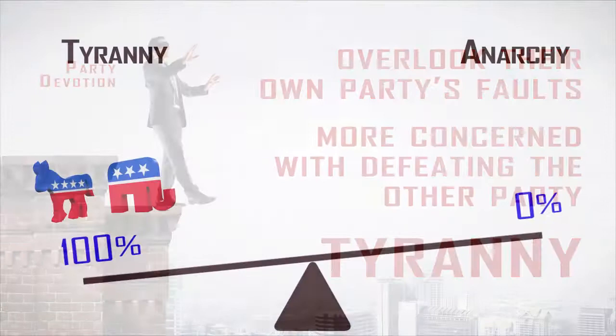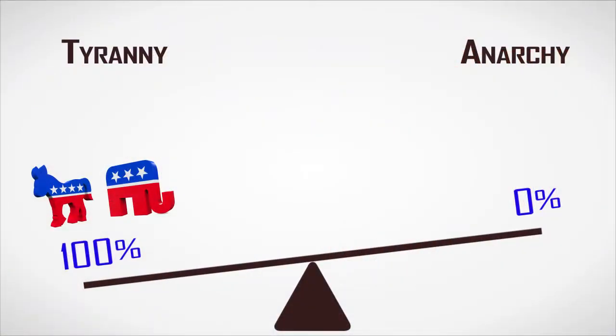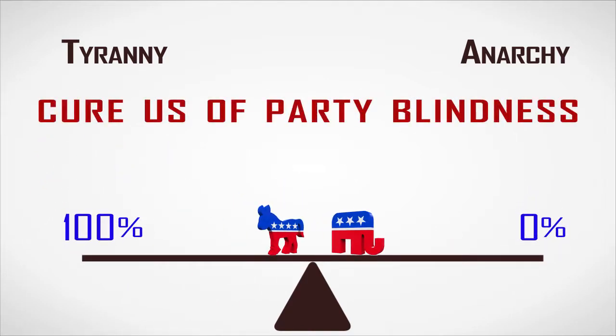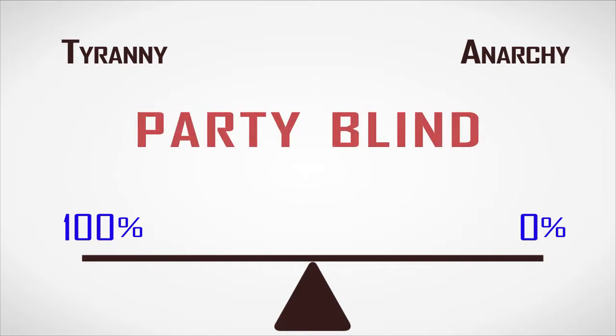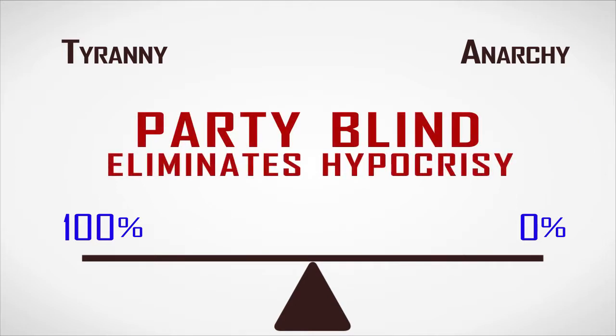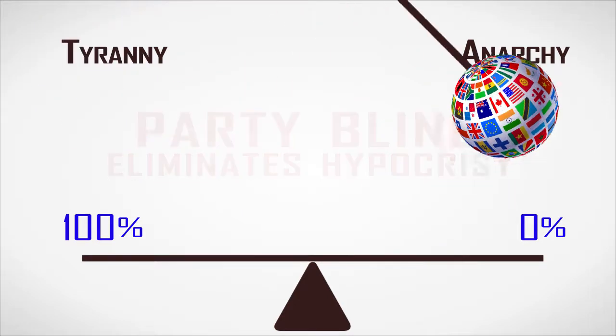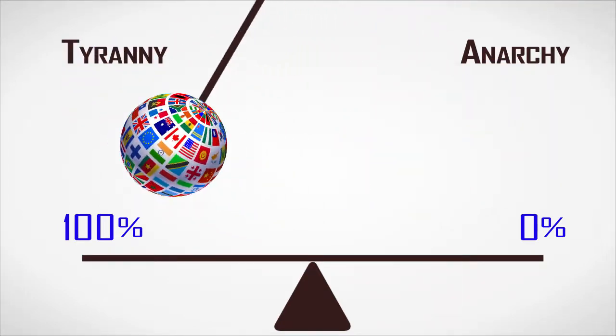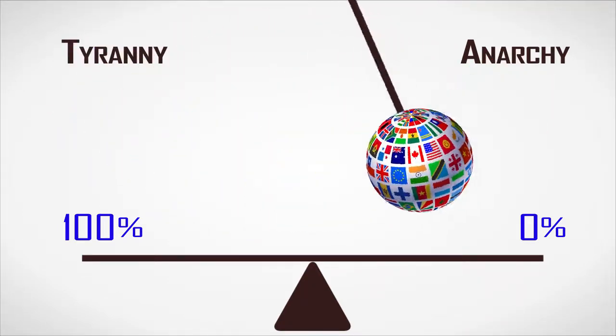In other words, both parties are closer to the left side of the government measuring tool, but the party faithful are only indignant when the other party does it. But the Founders' measuring tool could cure us of party blindness, and that's because the Founders' method is party blind, and it eliminates hypocrisy.